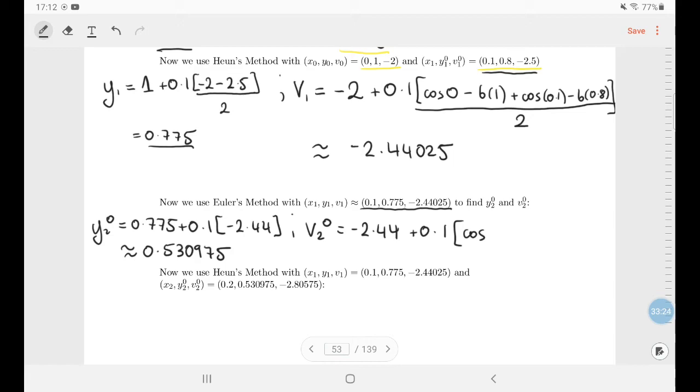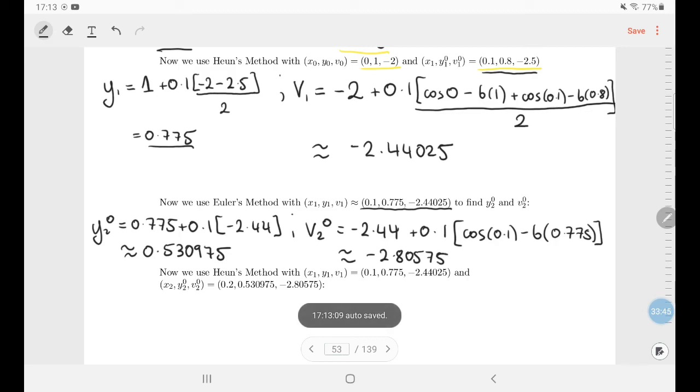So the previous x, or previous slash current, is 0.1, minus 6 times y, which is this 0.775. And now this is approximately minus 2.80575.